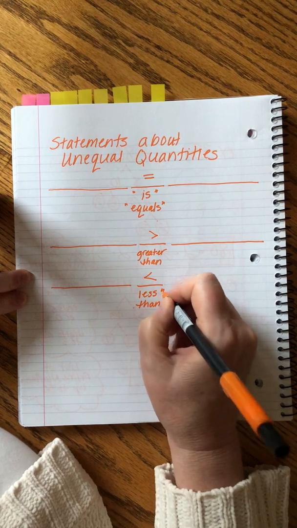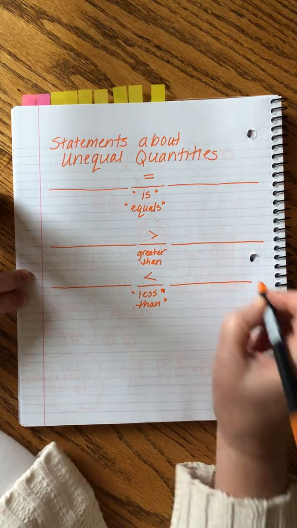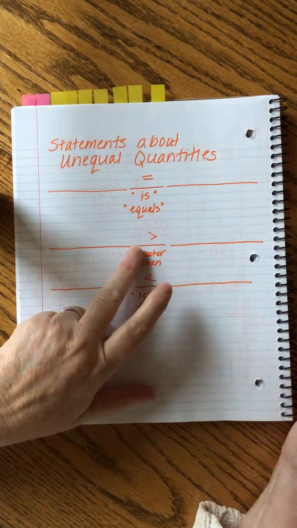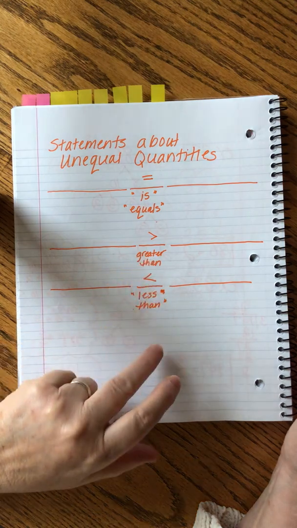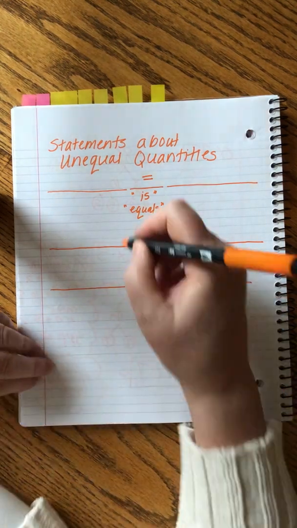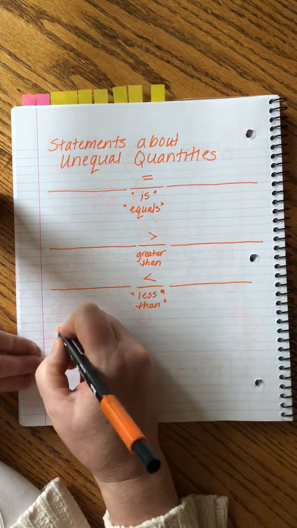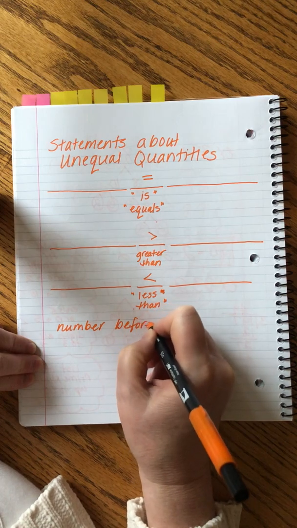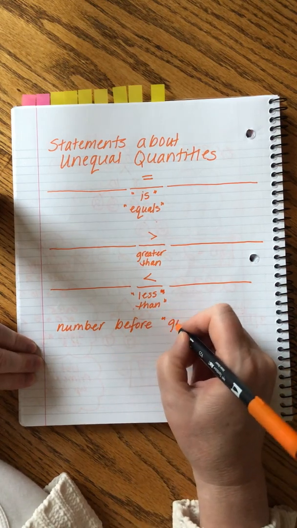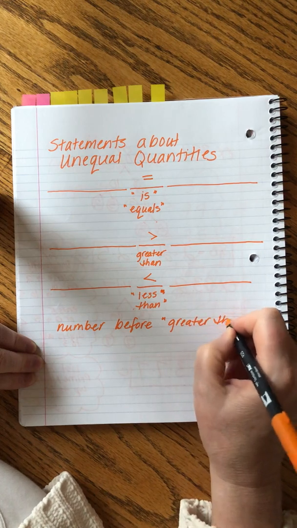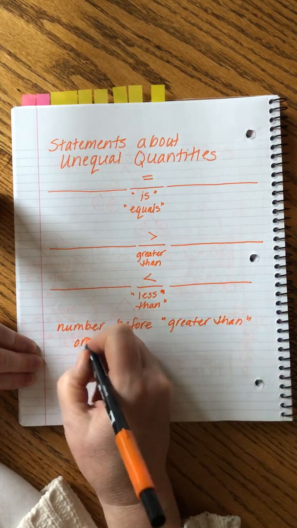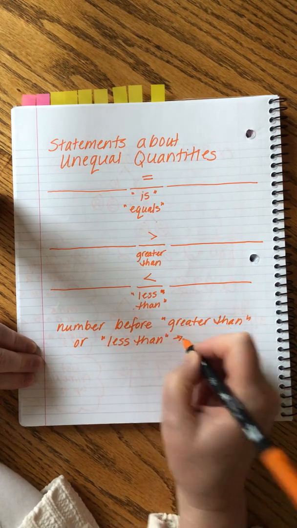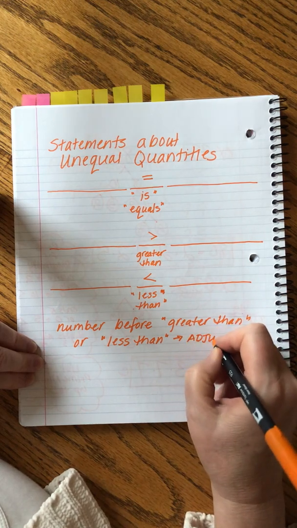When he gives us numbers like this, he will always tell us a certain number, how much less than or greater than. There will always be a number before the words greater than or less than. And I call that the adjusting number.